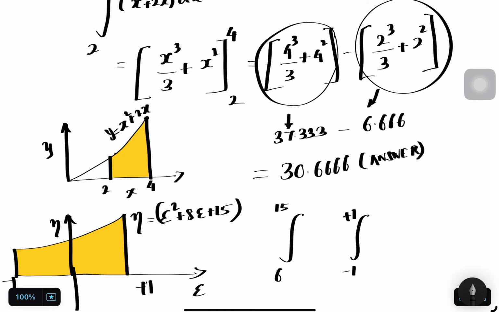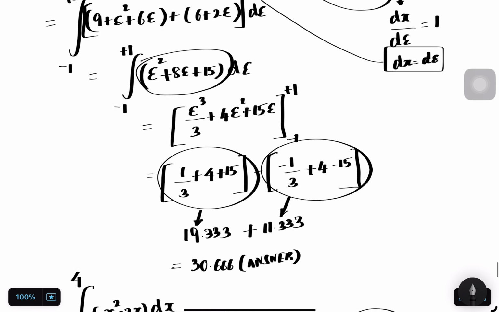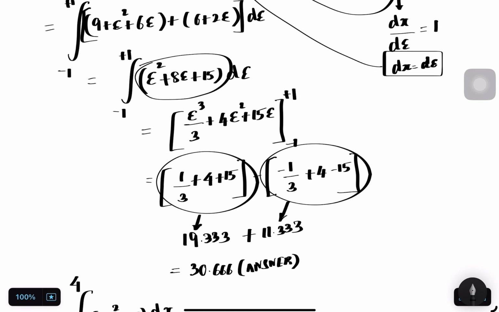I have not solved this problem by numerical integration, but instead I have solved this problem by exact integration. You can solve this problem by numerical integration because we have already solved enough problems by numerical integration. So you can solve this exact problem by numerical integration, and you can see that the value comes to 30.666. You can just check it through.